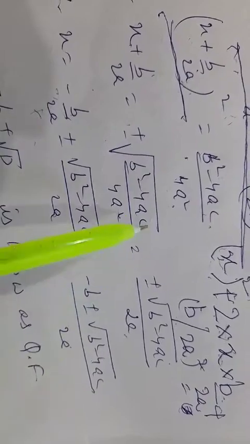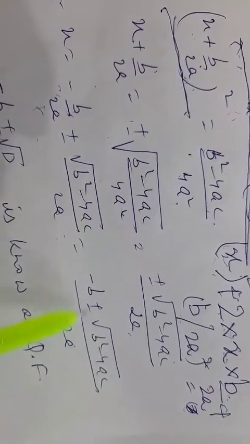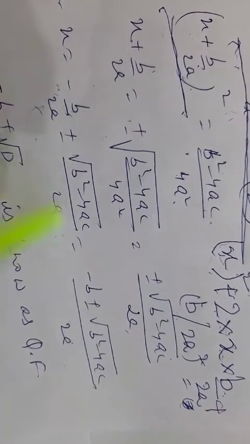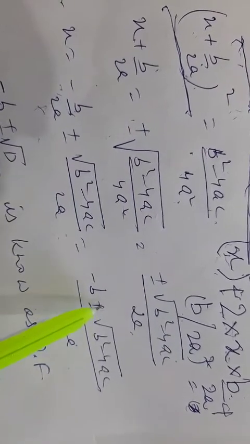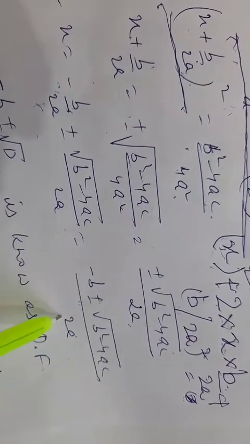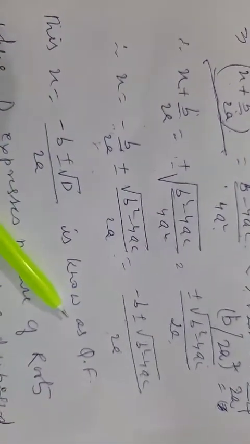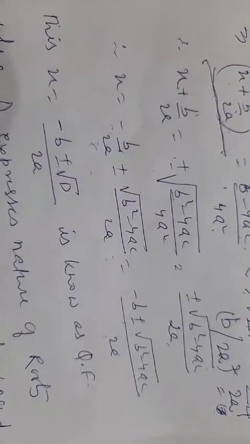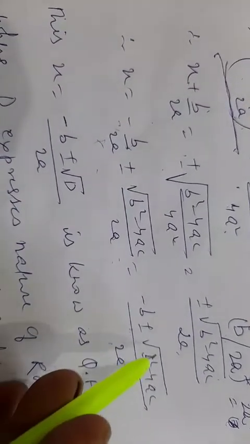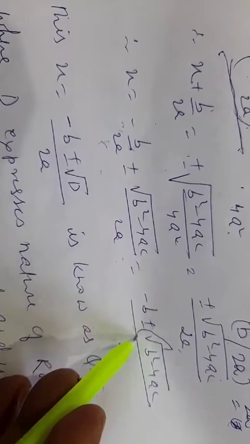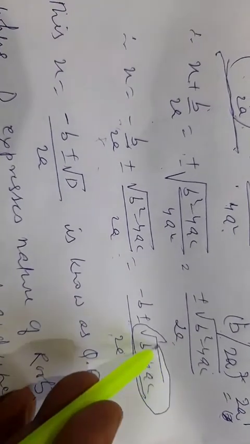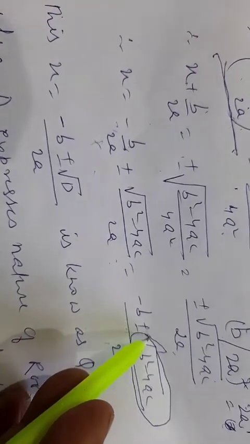Now by putting the values of a, b and c, we can get the value of x. Since here it is plus and minus, we get two values. It is actually the quadratic formula also. Here this b square minus 4ac is actually representing D of the given quadratic equation.